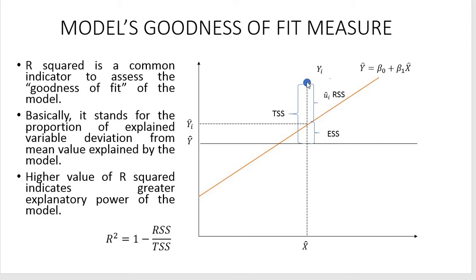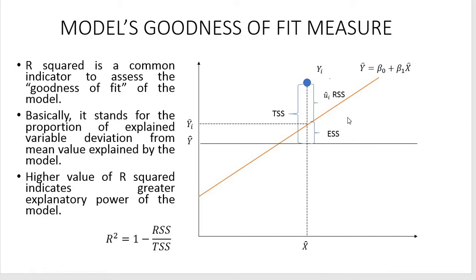And the difference between total variation and unexplained variation is explained variation. So this is the proportion of the dependent variable's variation which can be explained by the model. Actually, your model explains the difference between the population mean and the predicted value of y conditional on some value of the independent variable.